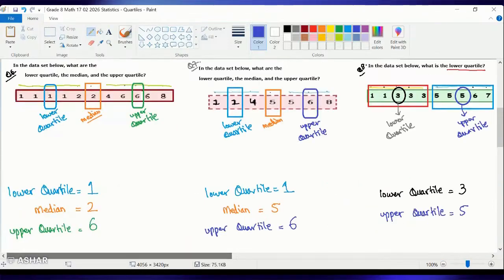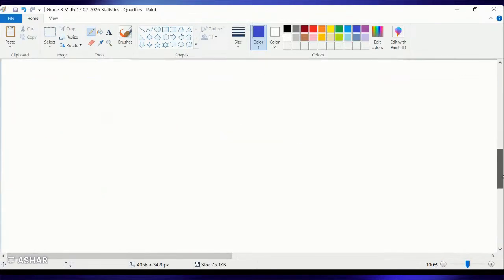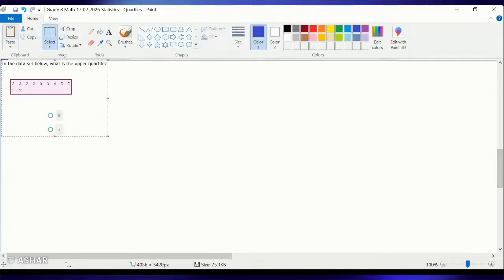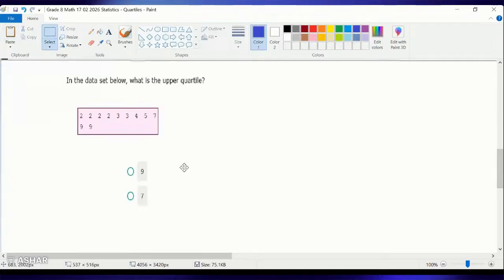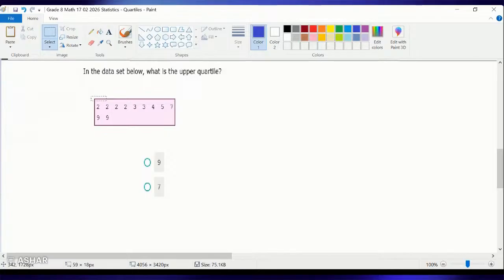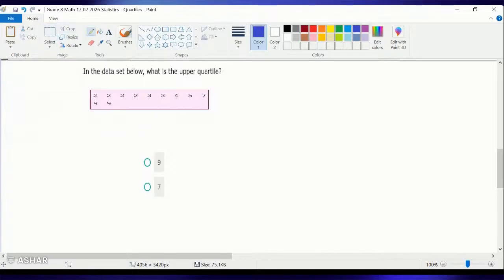Question number 1 from the test. If this is the information that has been provided to us, this is question number 1 from the test. What should be the lower quartile?